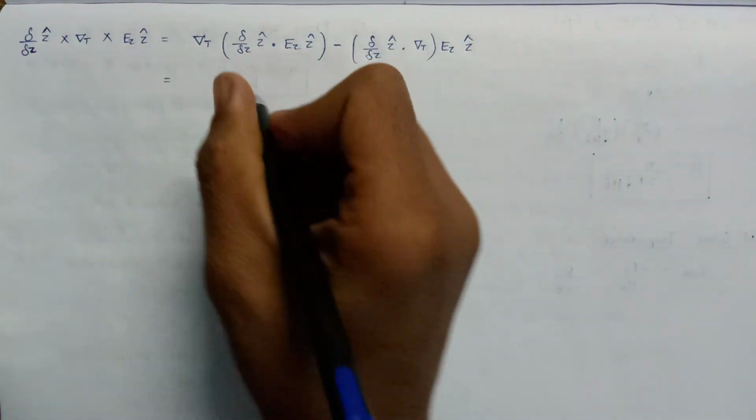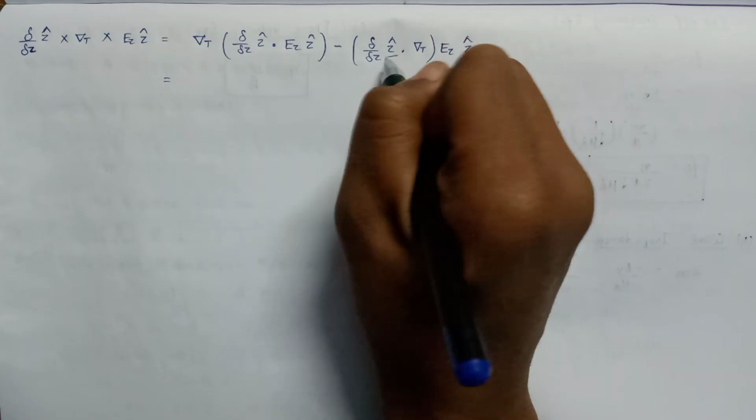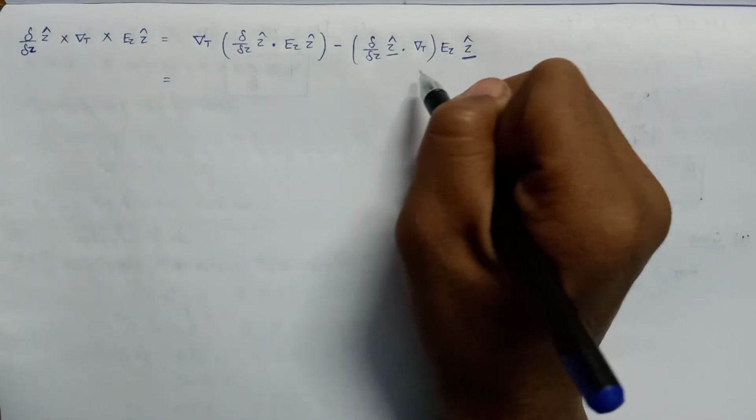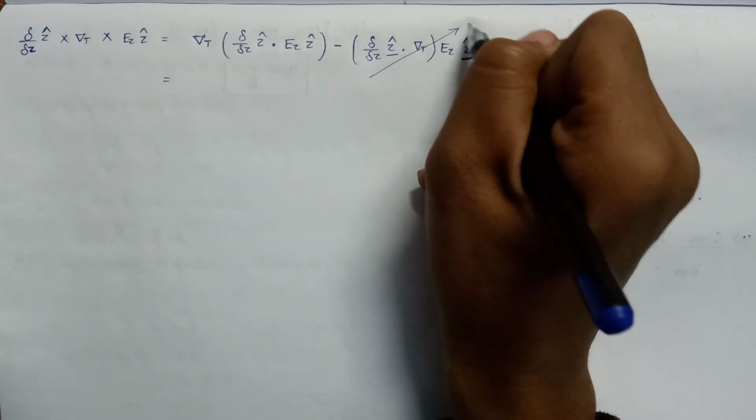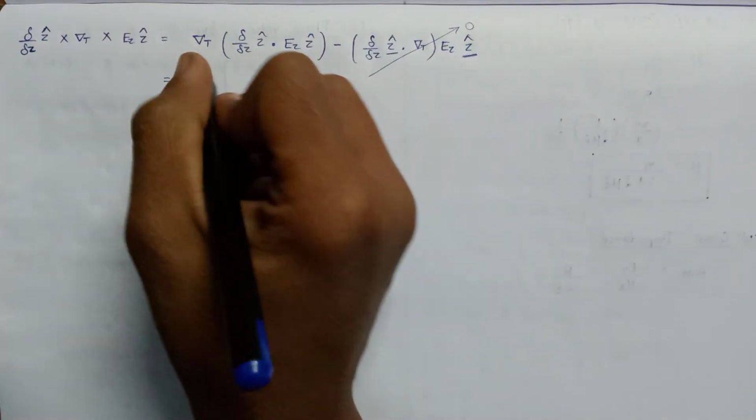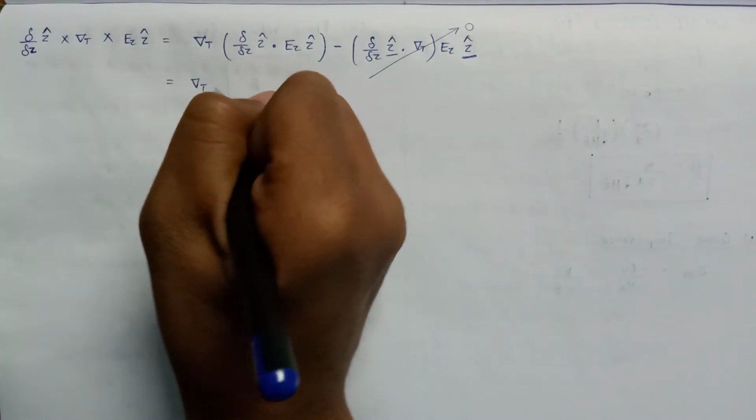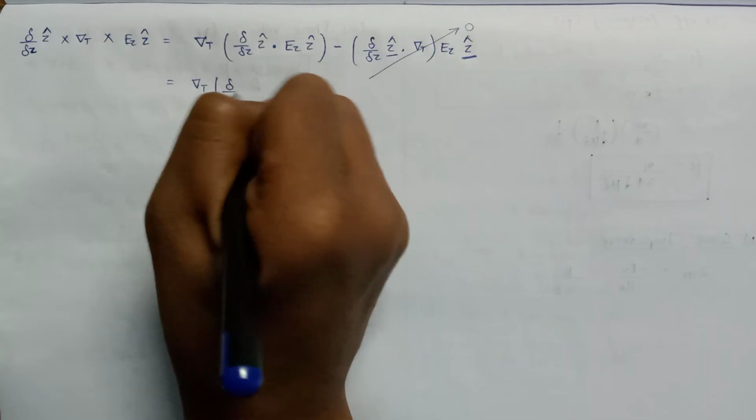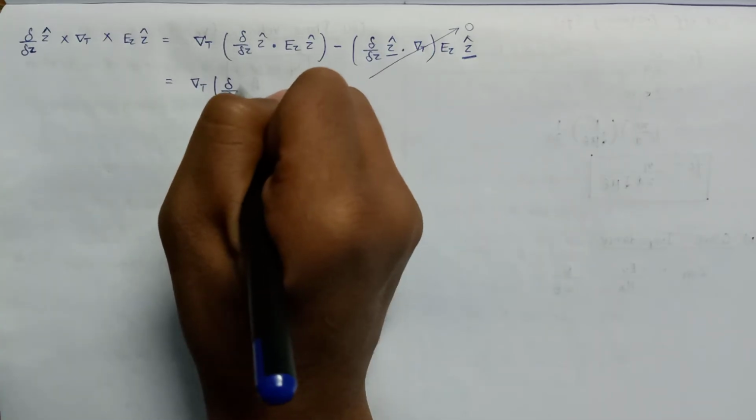Here is the z cap and here is also z cap, so this will result into 0. So the final value is del t into del over del z of E of z.